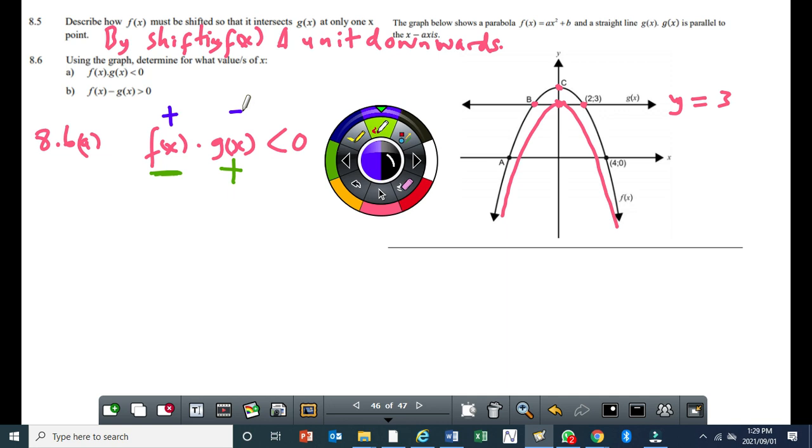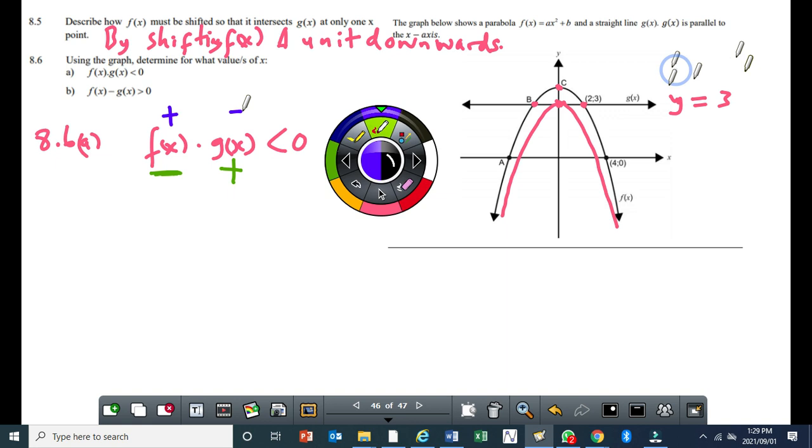Remember, the graph of g will always be positive. It will never be negative because it's a straight line. So the y values for g will always be positive. And the other thing as well, the equation for g, we can also write it as g of x equal to 3 if we use function notation.